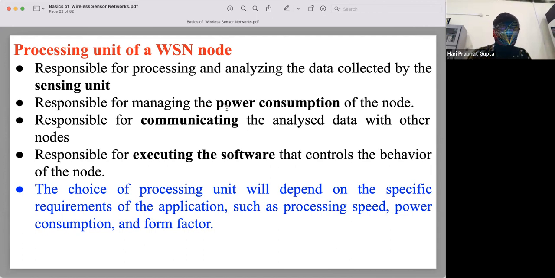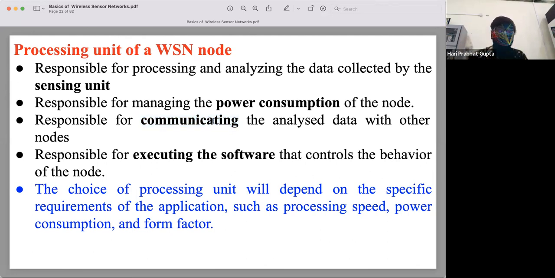Yes, as we already saw, the communication. The processing unit is responsible for communicating the analytical data with other nodes. If your data size is very big, your data string is very large, and your communication protocol speed is very low, supporting only some bits per second or bytes per second, then it is the responsibility of the processing unit to compress the data before transmission.